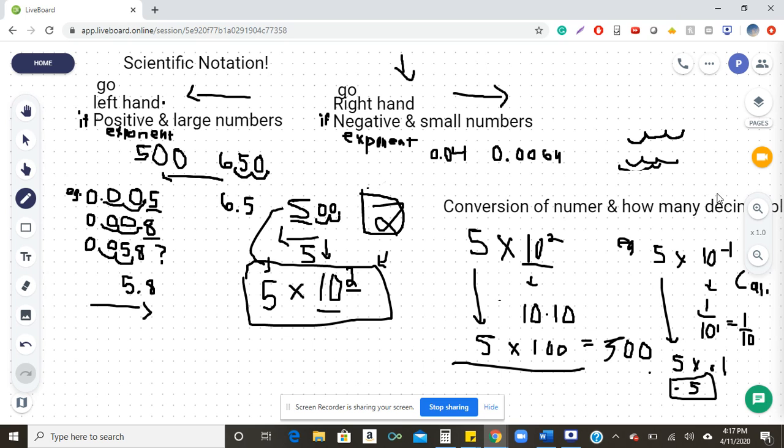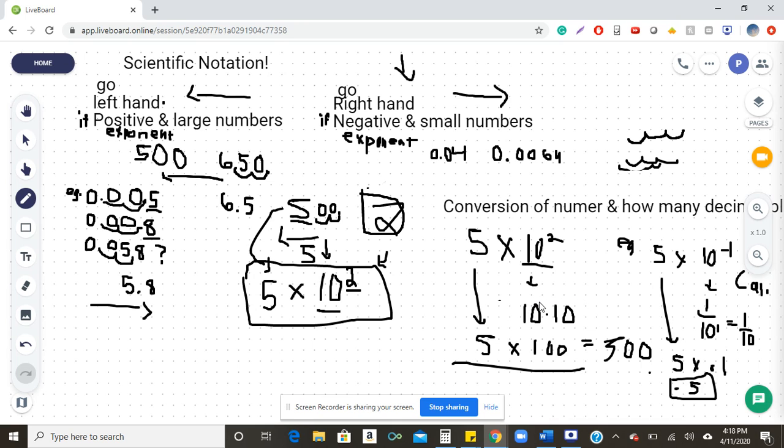So essentially, that is the conversion of a number and how many decimal places. Going from this scientific notation back to the number, you're going to bring down the 5, and you're going to evaluate the 10 to the second.